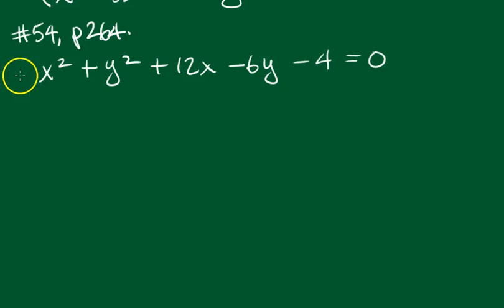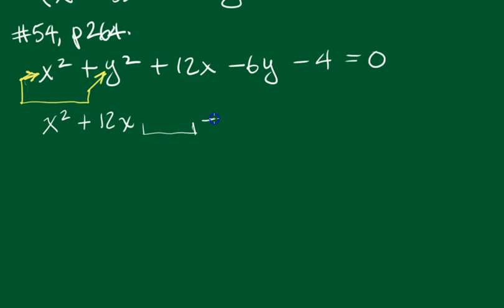Now, because of the coefficients of exactly 1, there and there, I know that this is a circle. So, in order to find the standard equation, I'm going to rearrange. So I have x squared plus 12x and a gap. Plus y squared minus 6y and a gap. I'm going to move that 4 to the other side of the equation.